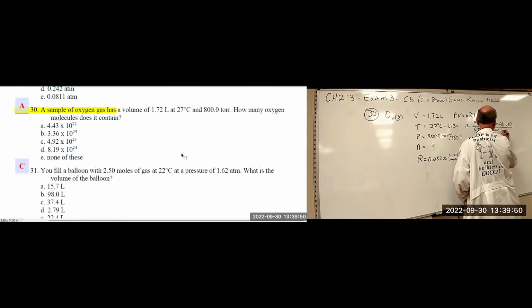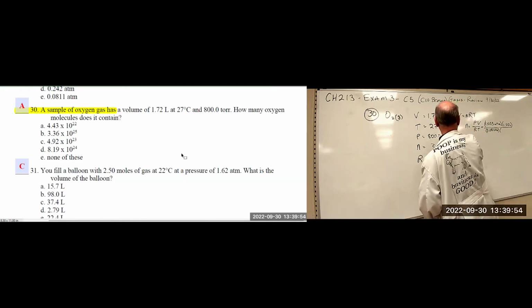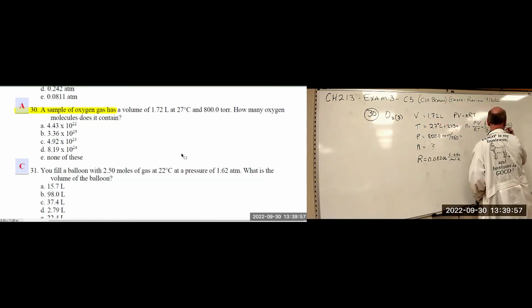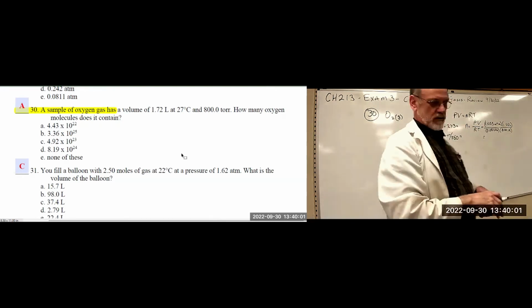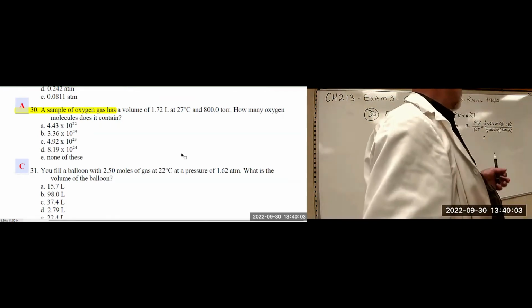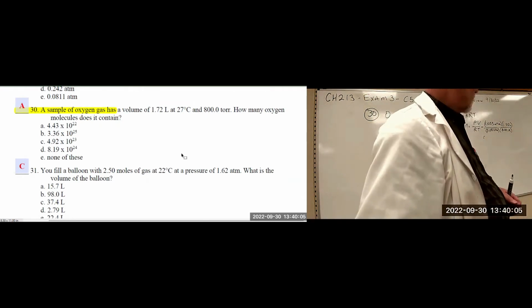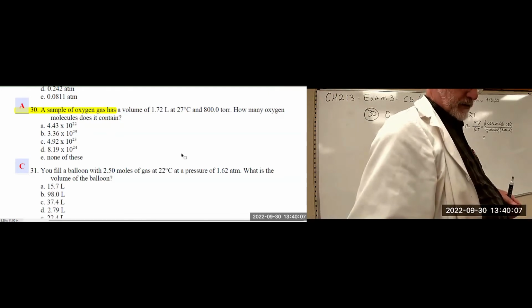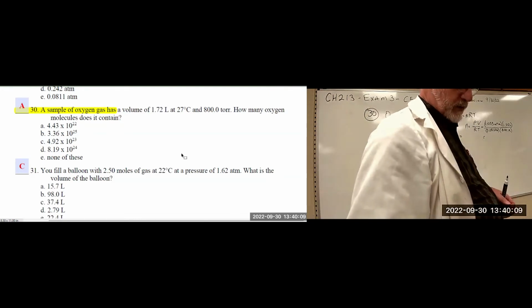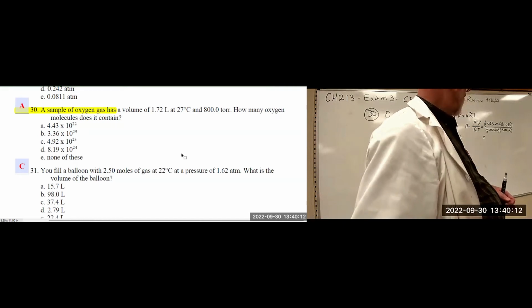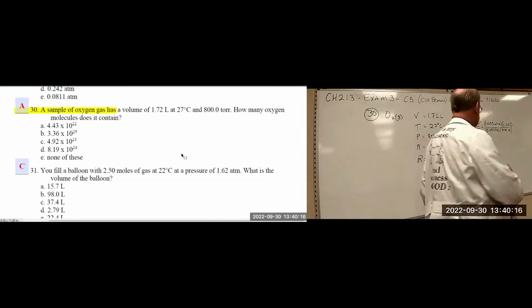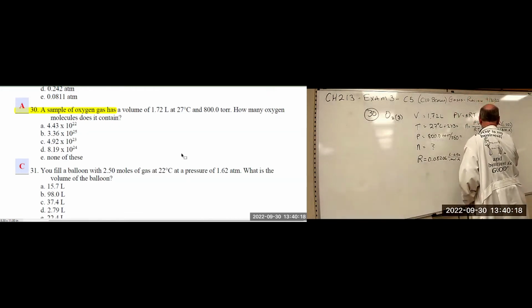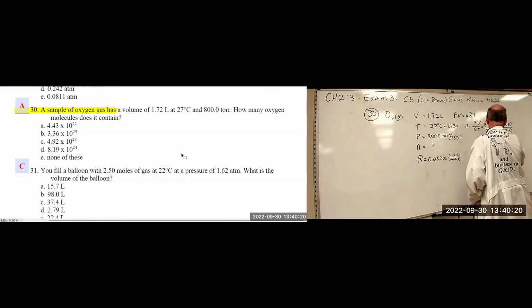I'm going to leave the units out for now. And the temperature is 300. So all we have to do, this is the intermediate step, 1.053 times 1.72 divided by 0.08206 and divided by 300 is 7.35 times 10 to the minus 2 moles.